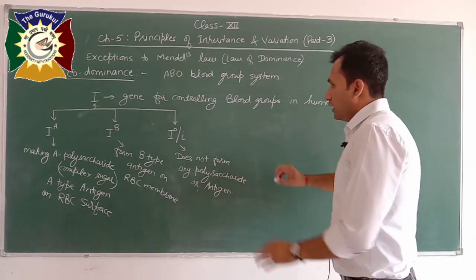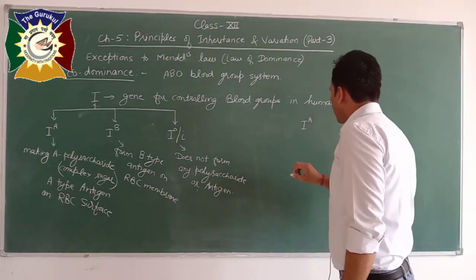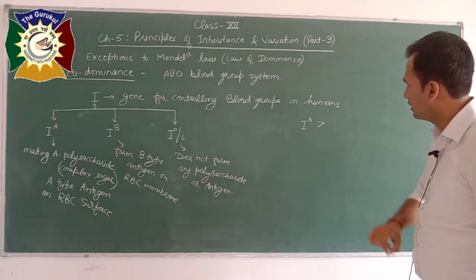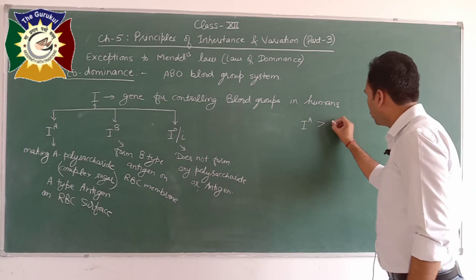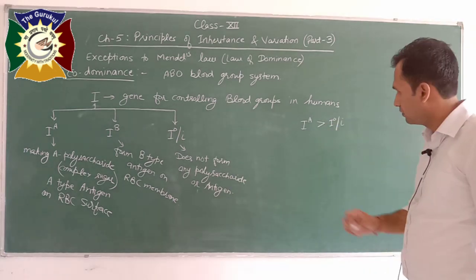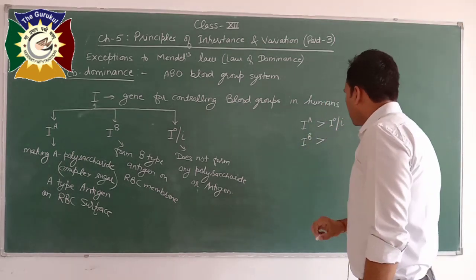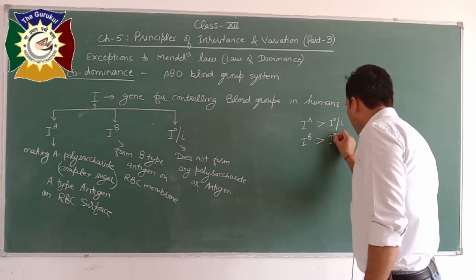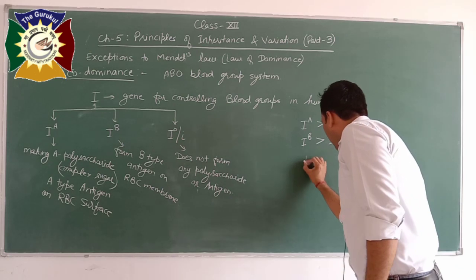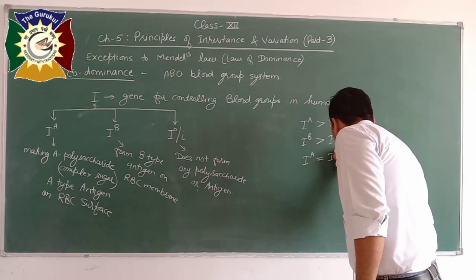Now out of these 3 alleles, IA is dominant over I naught or small i, as well as IB is also dominant over I naught or small i, but IA is co-dominant with IB.